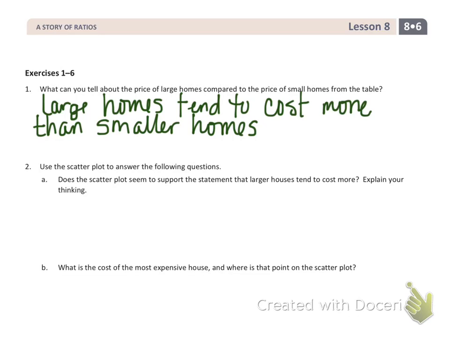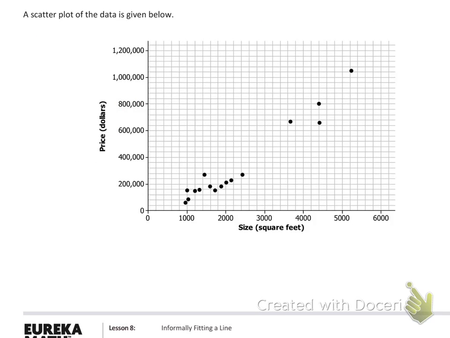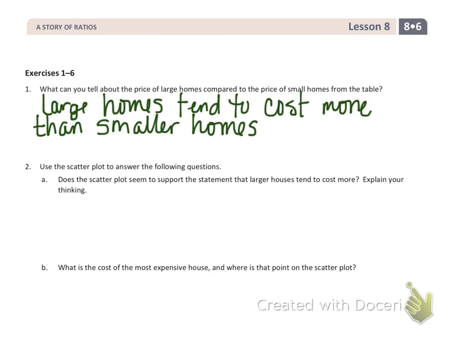So use the scatter plot to answer the following questions. Does the scatter plot seem to support the statement that larger houses tend to cost more? Yeah, it did, and we just talked about that. We can see this general upward trend in the points on our data plot. It's a positive linear trend in the data.